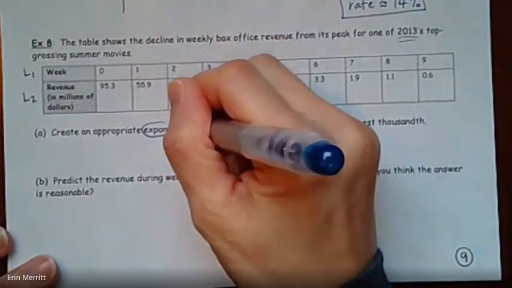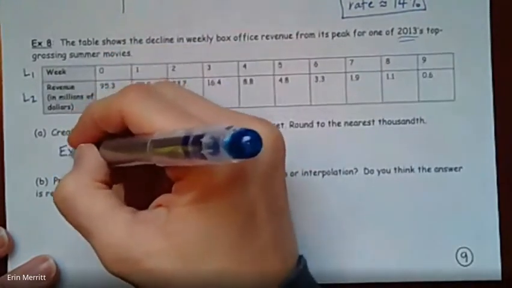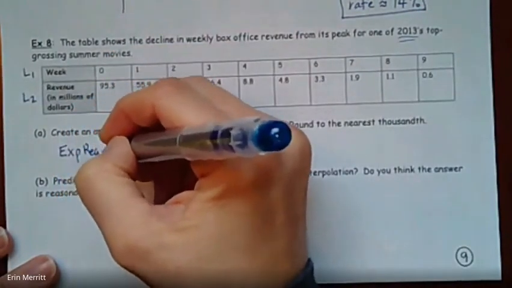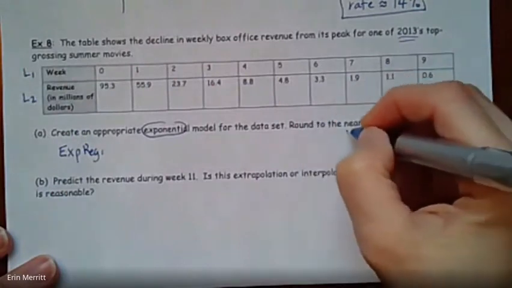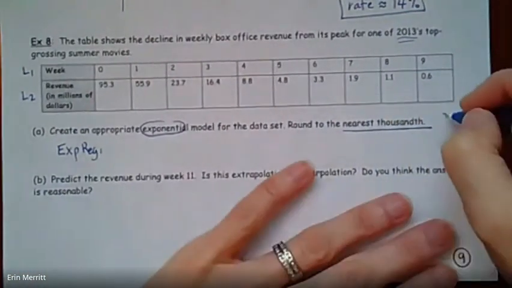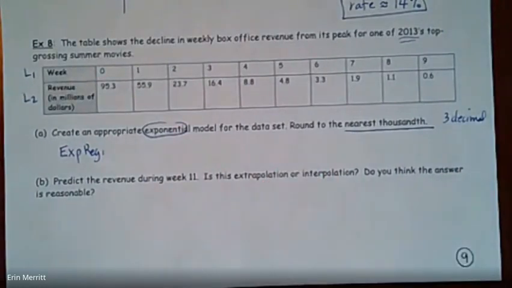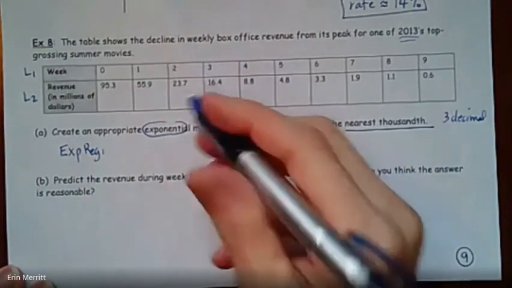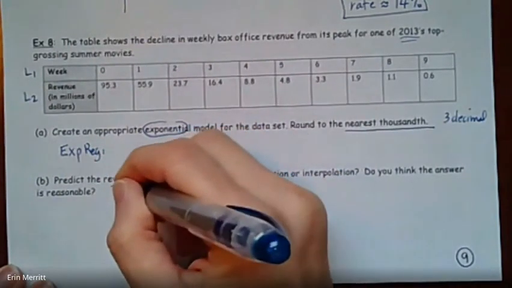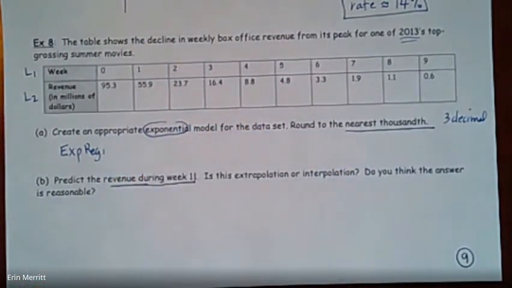So that's code for you're going to do an exponential regression. And it asks you to round it to the nearest thousandth. So that's going to be 3 decimal places. And then it says predict the revenue during week 11. I want you to try this question and see if you can answer it. It's part of the post video question.